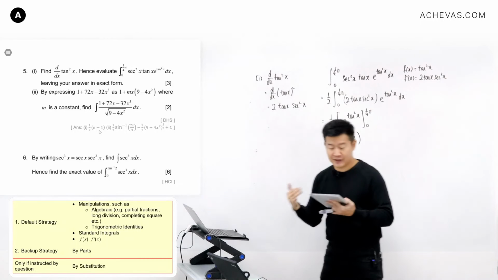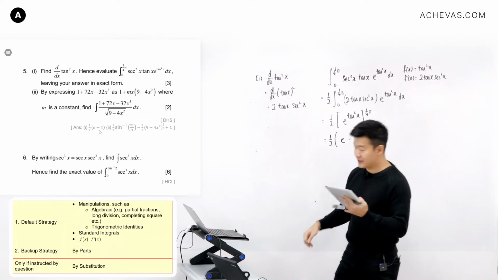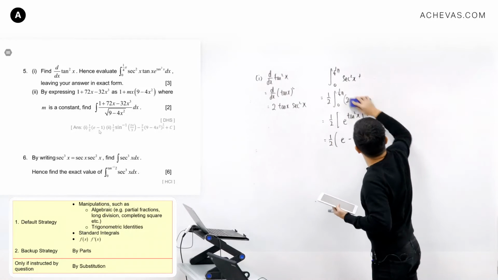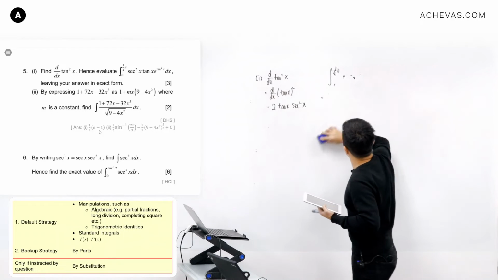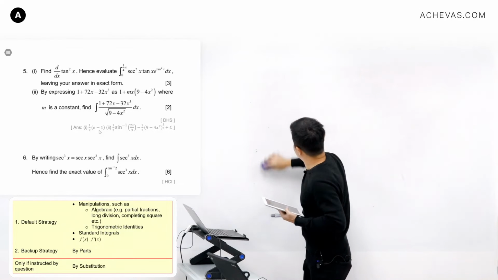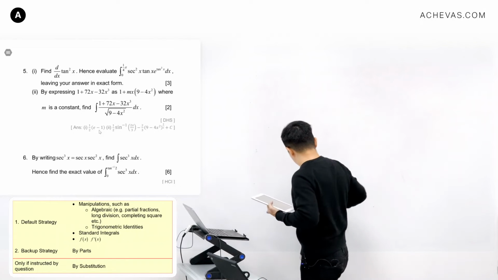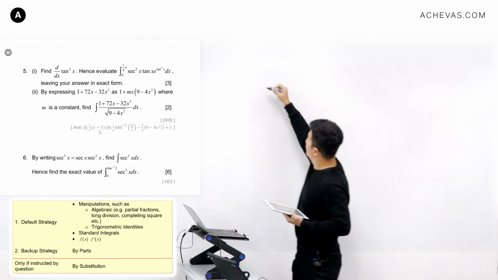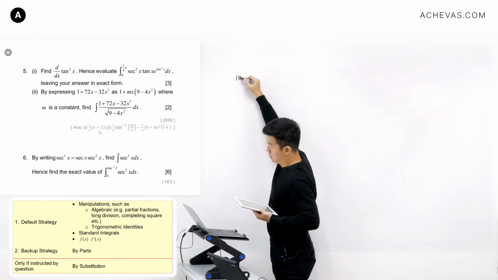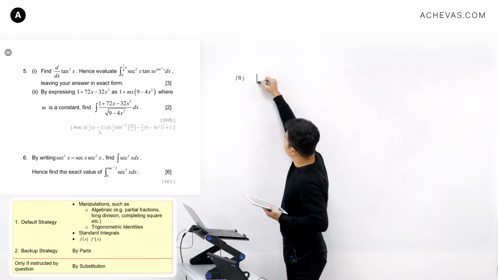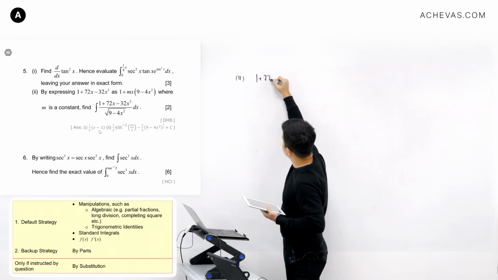The question actually gave us some hint. We are supposed to re-express that, so let's do according to what the question says. Part 2, I'm going to re-express this according to what the question wants.